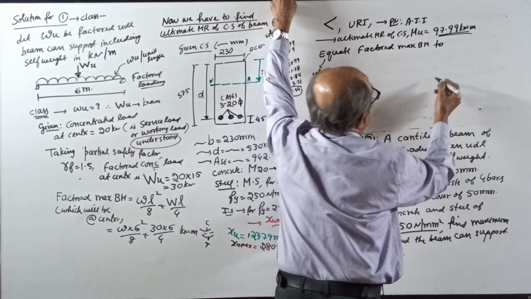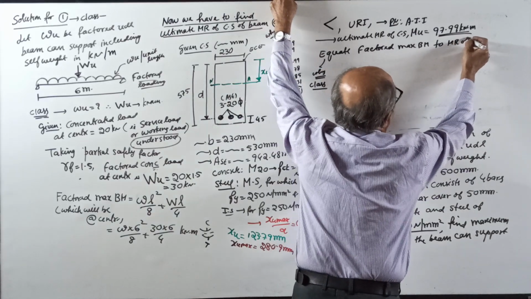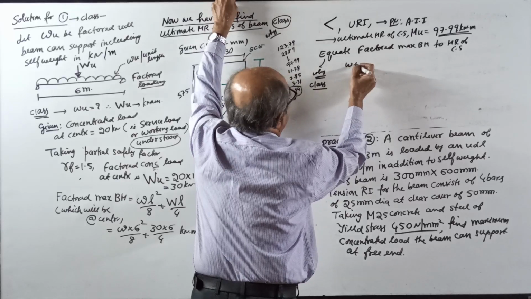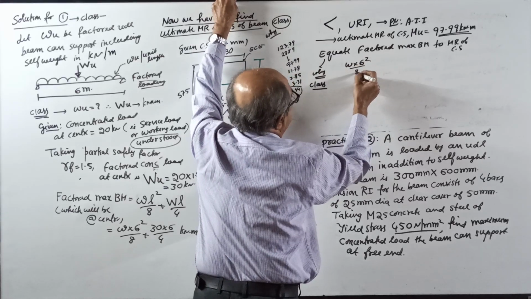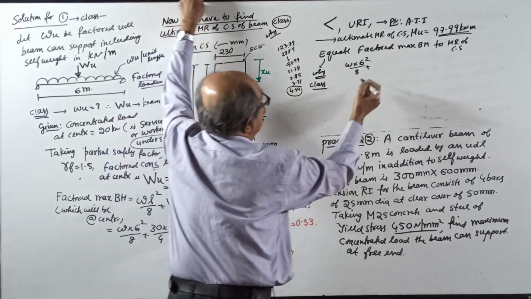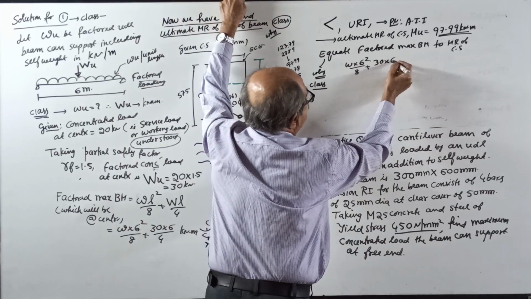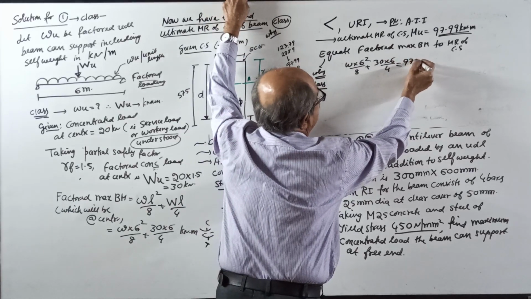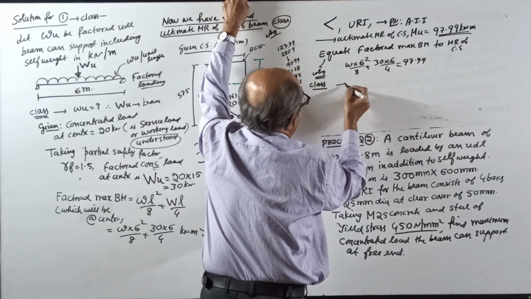Mathematically, the MR of the cross section of the beam: we get small w into 6 square by 8 plus 30 into 6 by 4 equal to 97.99.